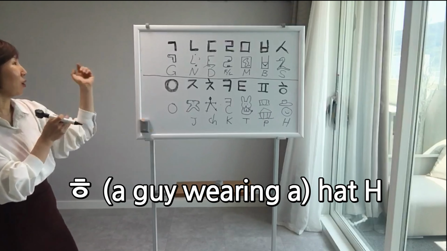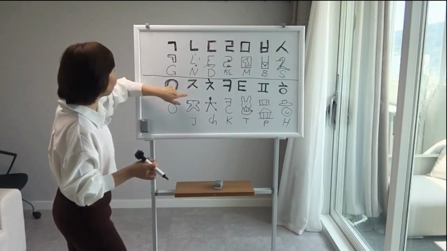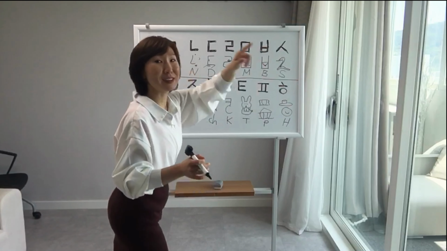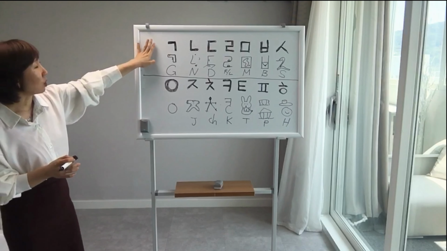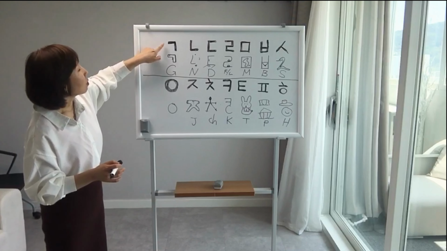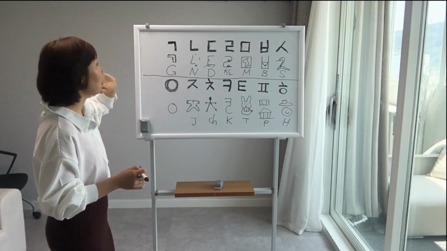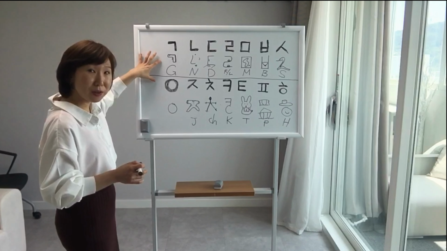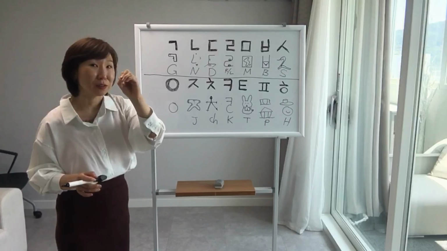Okay, so now you have hieut, ieung, digeut, rieul, mieum, bieup, siot, ieung, jieut, chieut, kieuk, tieut, pieup, hieut. Yeah. So now when you see these Korean characters, try to remember what they looked like. Then you can naturally remember the sound of it. Then you can remember the main sound.